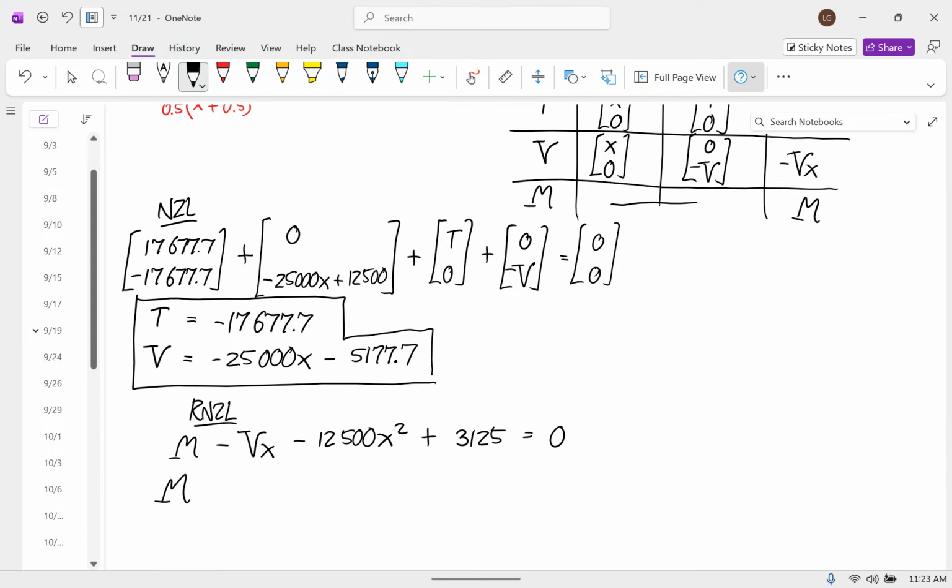And so M is equal to Vx plus 12,500 x squared minus 3125.